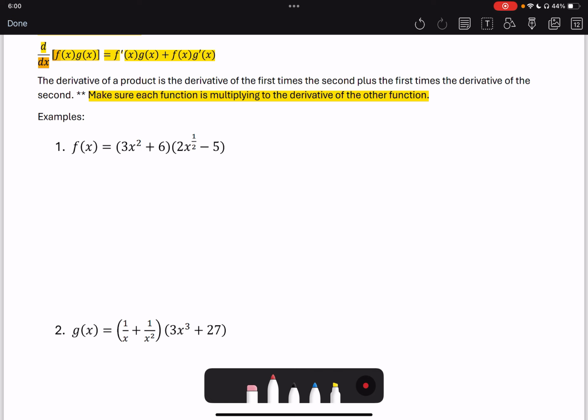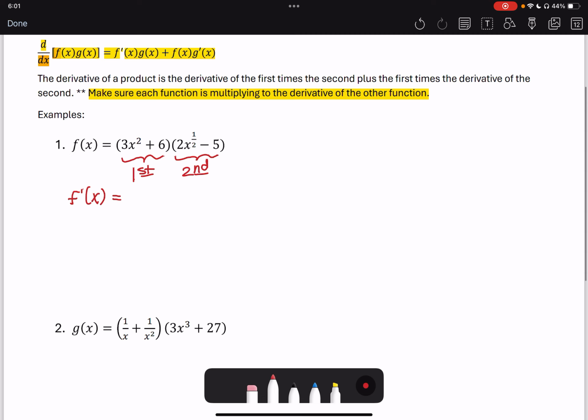So what we're going to do here is find the derivative, and we're going to do the derivative of the first times the second plus the first times the derivative of the second.